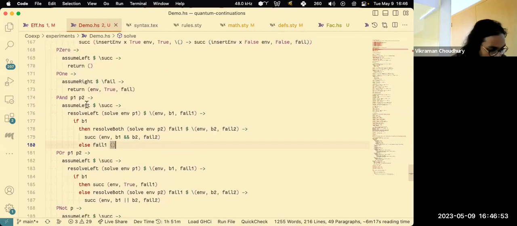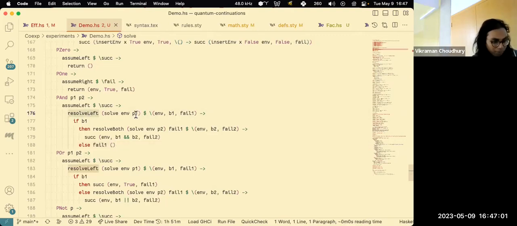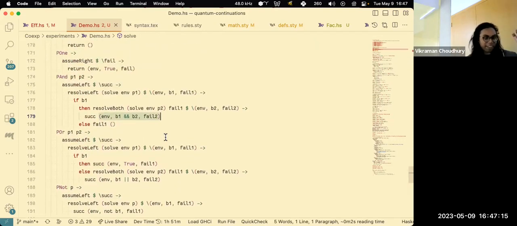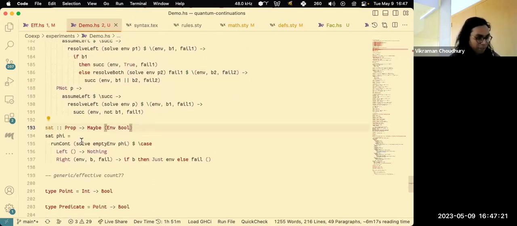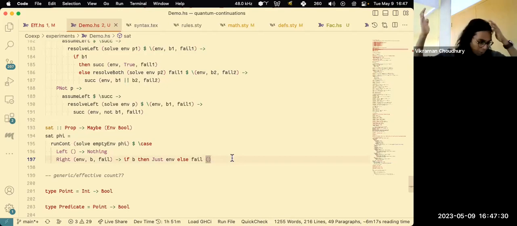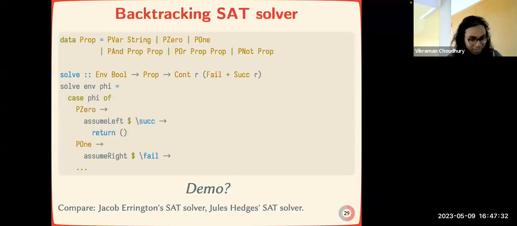There's other fun stuff which happens when you have and: you assume left, giving you success of the rest of the computation, you resolve the P1 using the success, and you keep track of the state of the whole SAT solver inside the result type. This entire solve function can be written inside lambda star, and then the final SAT solver is actually going to run the continuation by plugging in the thing that produces the output. There are more interesting programs that you can write, but I wanted to show this one. It's the biggest one that I've written.